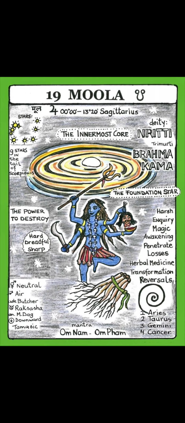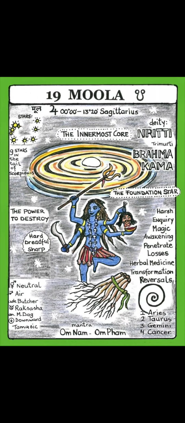And what's really interesting is this nakshatra is known for representing the innermost core, because Sagittarius and also the stars that comprise the Mula nakshatra located in Scorpio are closest to the galactic center.